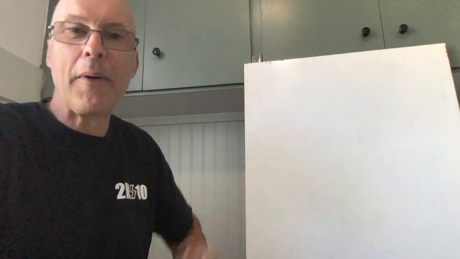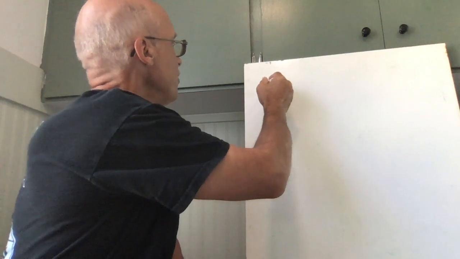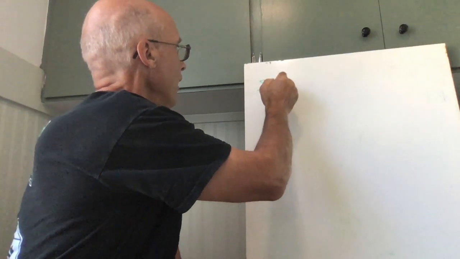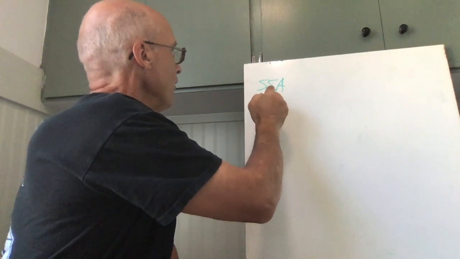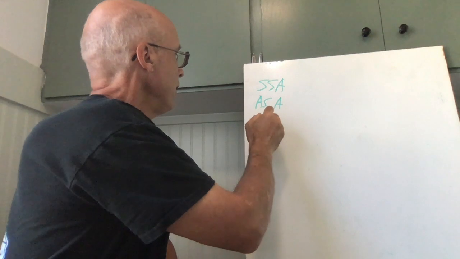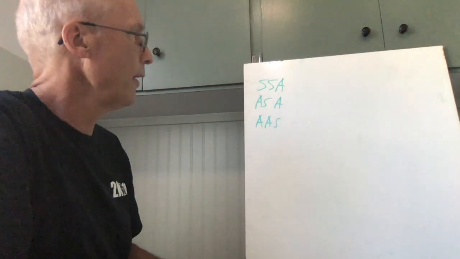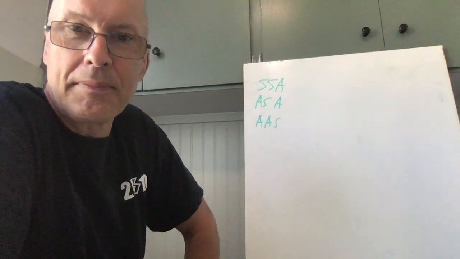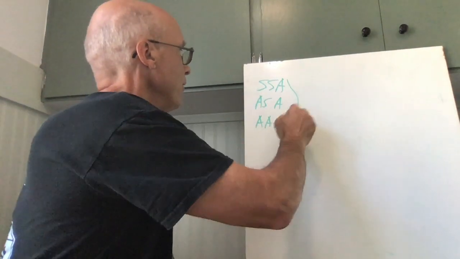First of all, let's talk about when you would use this. Remember the law of sines? We could use it if we had side, angle, side, angle, and angle, side. So that worked for the law of sines.